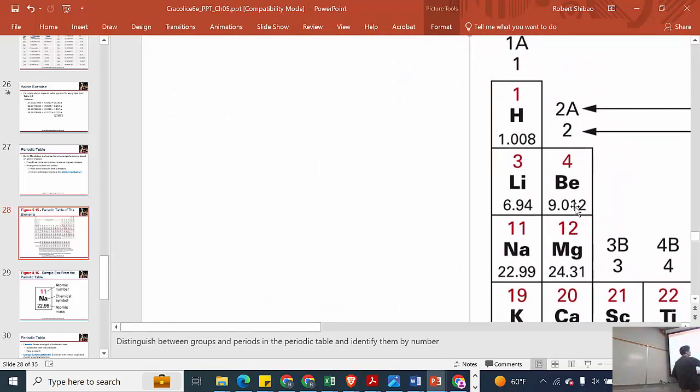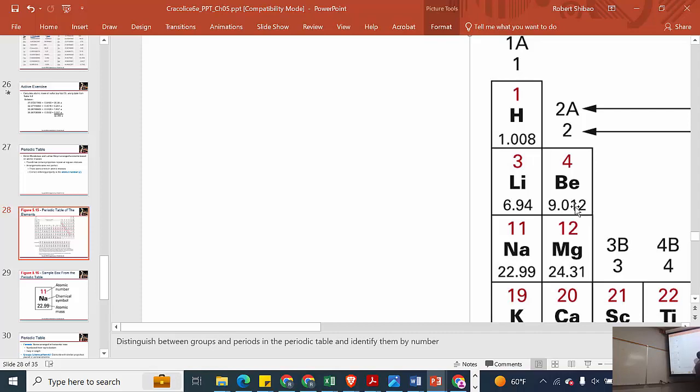This number on the top is what? Atomic number, which is the number of protons, which is called Z. This number on the bottom, do you know what that is? That's the weighted average mass of the hydrogen.